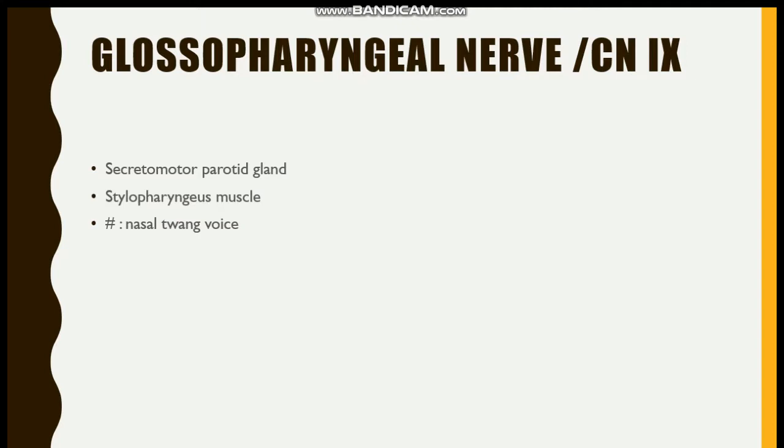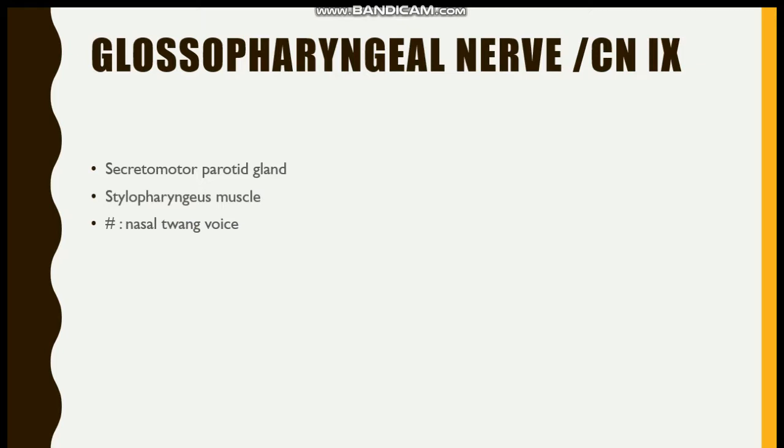Next is the glossopharyngeal nerve. It is the main nerve for the secretomotor supply of the parotid gland. It's just posterior to the stylopharyngeus muscle, and if it has an injury you can see a nasal twang voice.